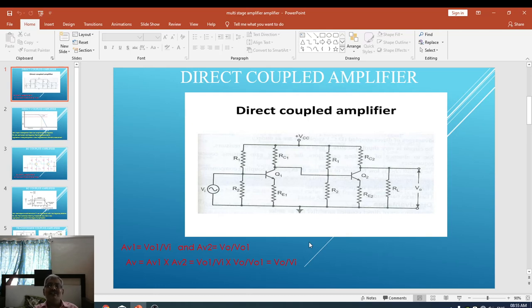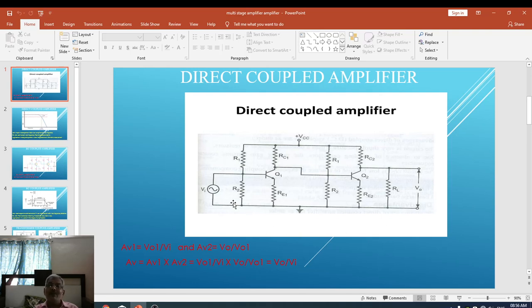You can set the voltage gain of the amplifier as per your requirement, which is managed by means of RC1 and RE1 or RC2 and RE2. If you take the ratio of RC1 upon RE1 and select proper values of RC1 and RE1, one can get the required voltage gain. Thus the direct coupled amplifier can be used to amplify the input voltage to the required level.